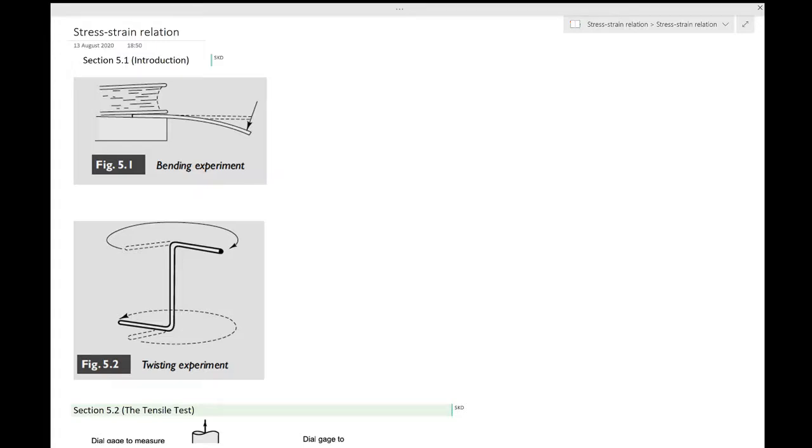Okay, let's see how does that happen. So what you have to do is, forget about the stress strain, we just want to study the load deformation behavior.